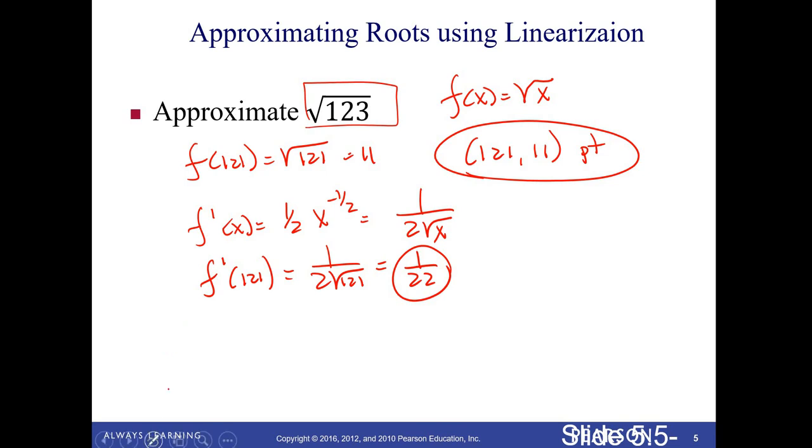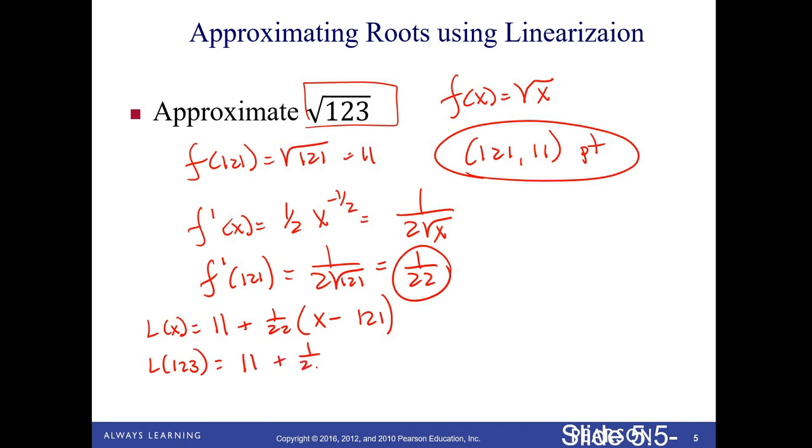So let's write the equation of our line. L of x equals my y value plus my slope times x minus a, my point of tangency. I'm going to use that to find L of 123. 11 plus 1 over 22 times 123 minus 121. So L of 123 is 11 plus 1/11, or 11 and 1/11.